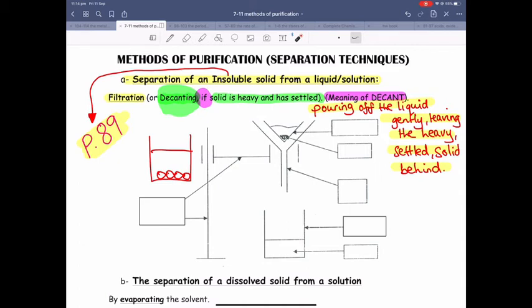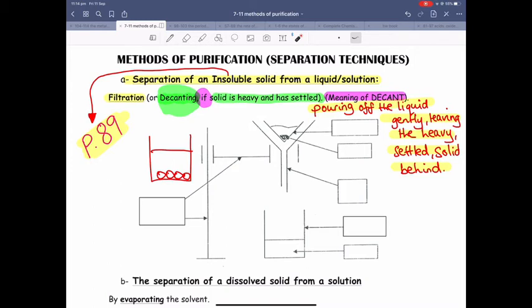So when you pour off the liquid, some of the sand is going to pour off along with the water and you're not going to get separation. That's one example. Another example, which I want you to think about now, is separating tea leaves from tea.